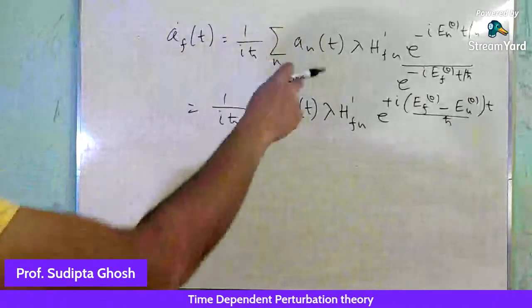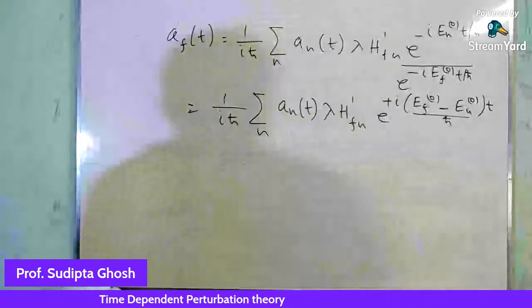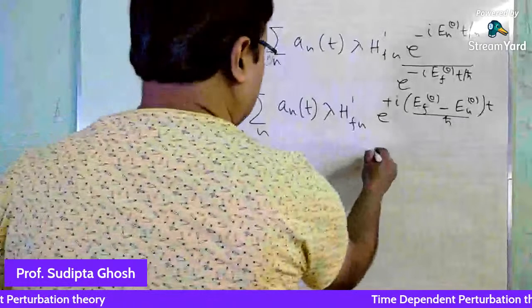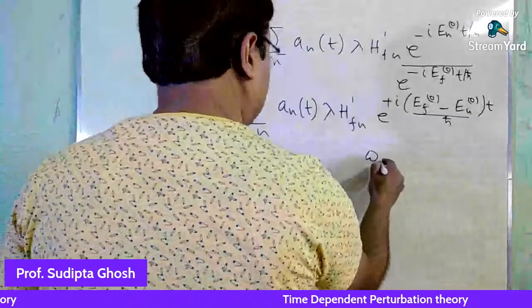Now this value ef0 minus en0 by h cut can be written as omega fn.